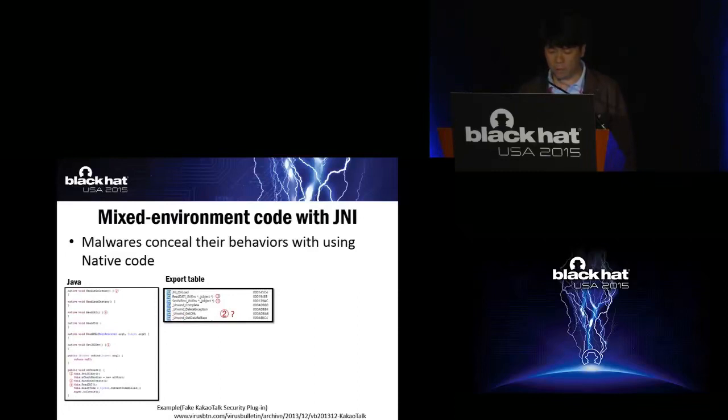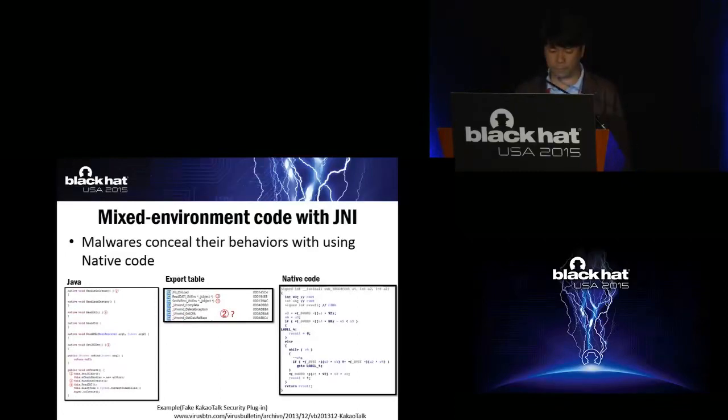Where is handleOnCreate? You have to work hard to find the handleOnCreate function. It is also difficult to find a Java method in native code. With this encrypted string, it's more difficult to analyze.